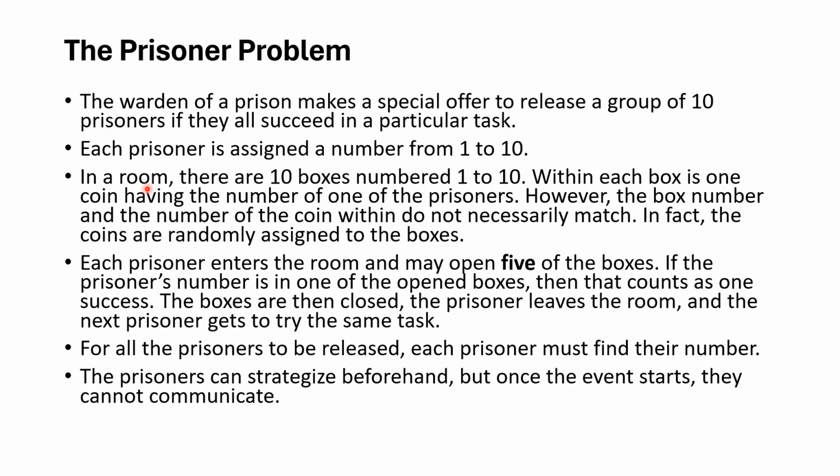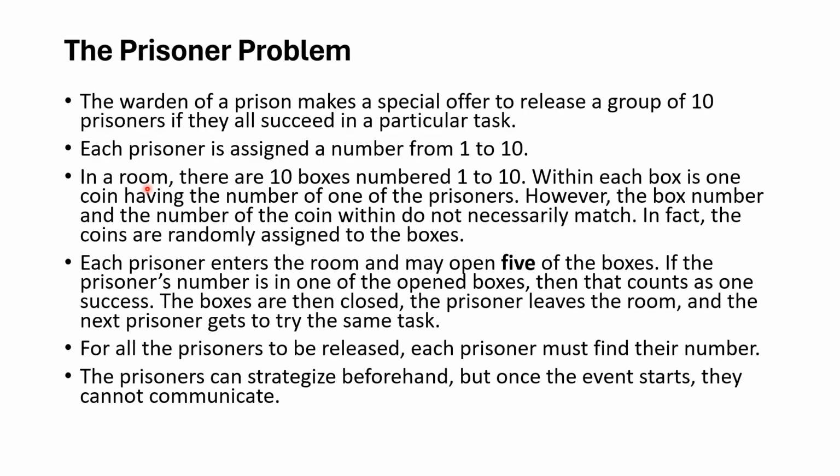Just to go through it, the first prisoner goes into the room. He opens 5 boxes. If his number is in one of those 5 boxes, then he's counted as a success. Then the next prisoner goes in, and if he finds his number in one of the 5 boxes, that's a success. So it has to happen 10 times in a row. Each time, the prisoner goes into the room, opens the 5 boxes, and is let out through another door.